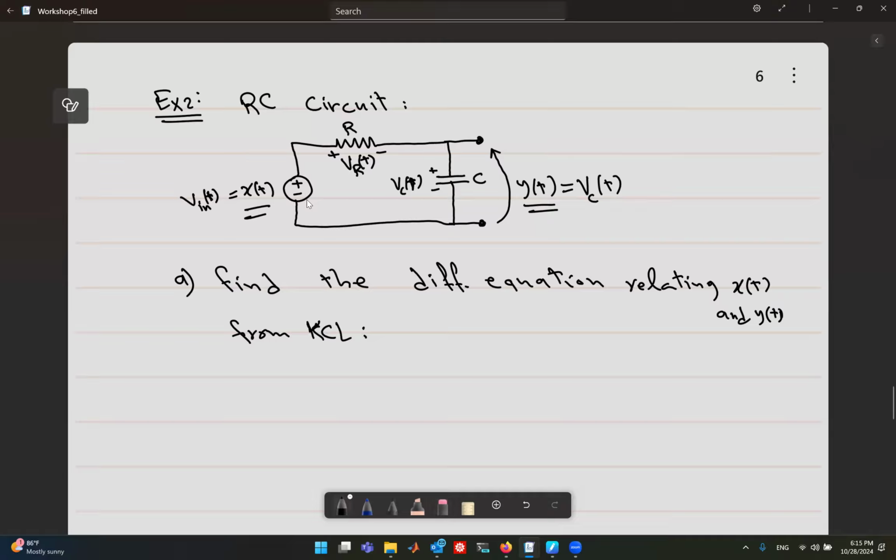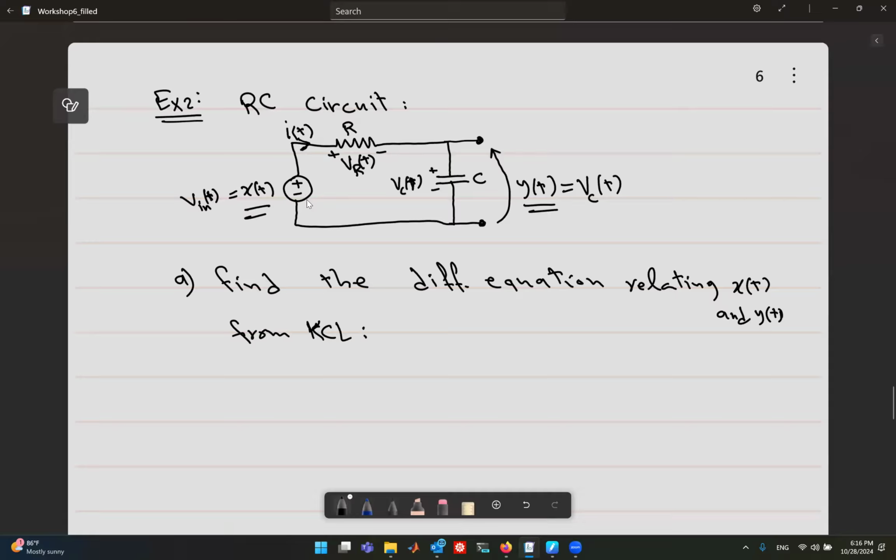For this one, we just have this loop, and it's not branching, there are no nodes. So basically the same current, which is again, since the voltage is a function of time, the current will be a function of time.